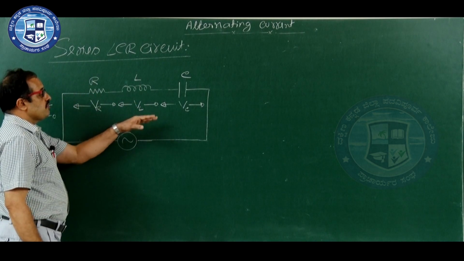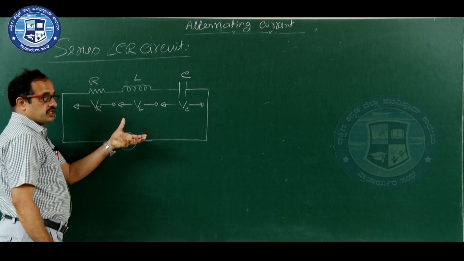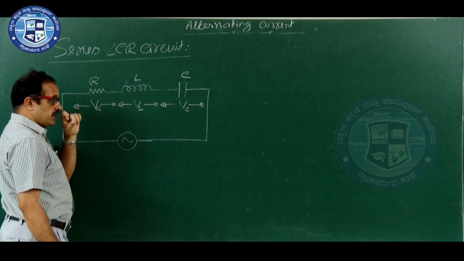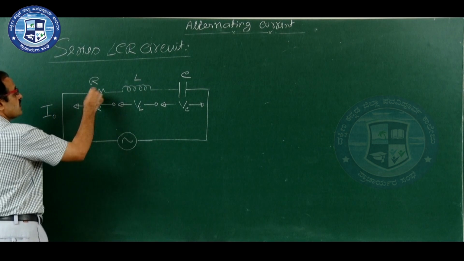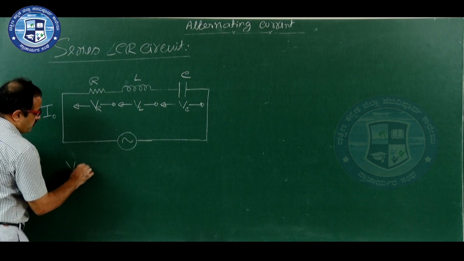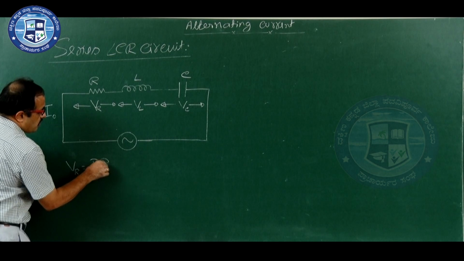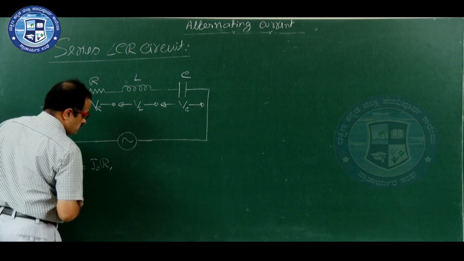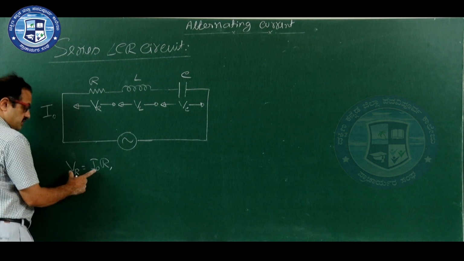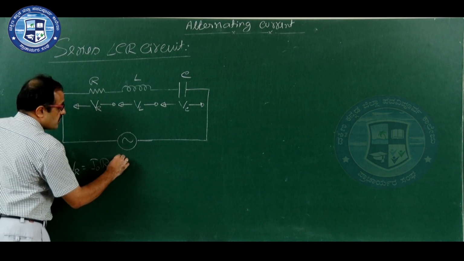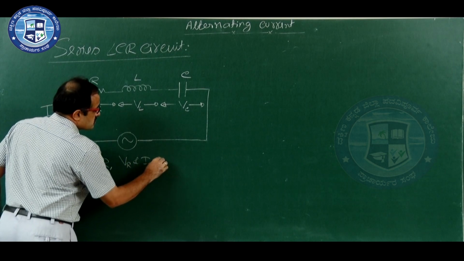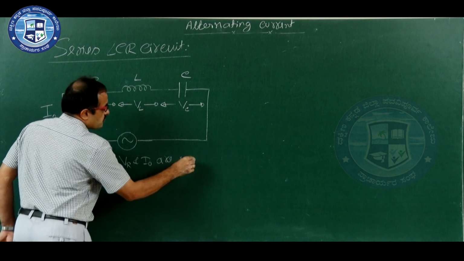VR, VL, VC are the peak voltages across resistor, inductor, capacitor for the current I naught. Now, we write the equation for that. VR, voltage across resistor, is equal to I naught into R. What about voltage and current? Are they not in phase? Definitely they are in phase. Therefore, we can write VR and I naught are in phase.